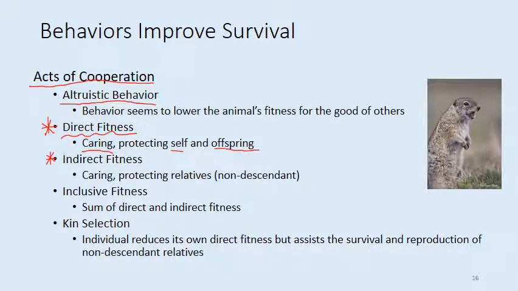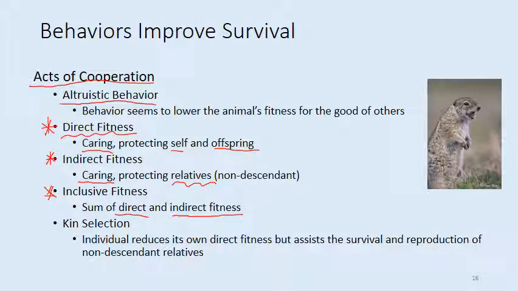Indirect fitness, you're still caring for others, but here, this is for relatives. So it's not just you and your children anymore, but you're also taking care of your aunts, your uncles, cousins, grandparents. Inclusive fitness is together, which is what is usually seen anyway in social groups.